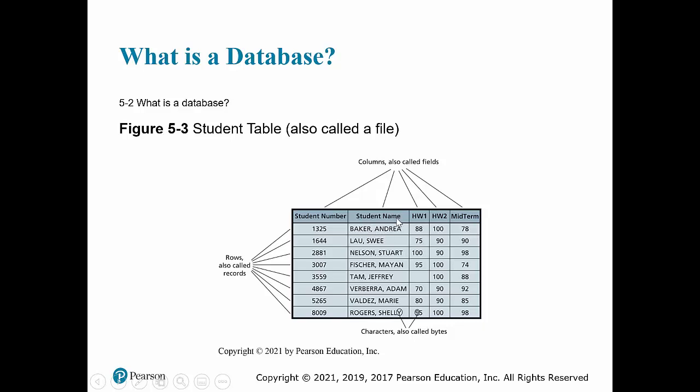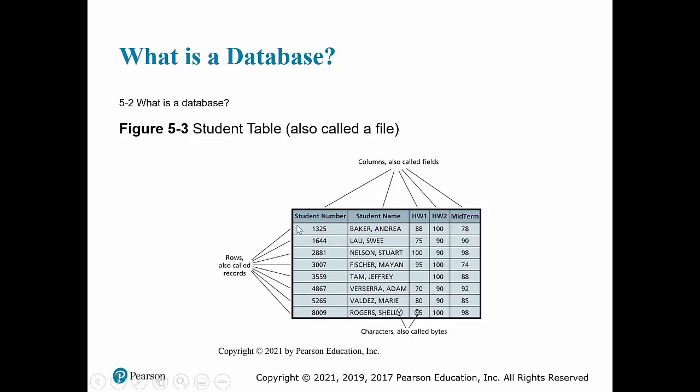Student number, name, their scores. Those are the records about one fact or one aspect of student. And then you have rows. They're also called records, right? You have many rows. Each row is about one instance of student because this is a student table.